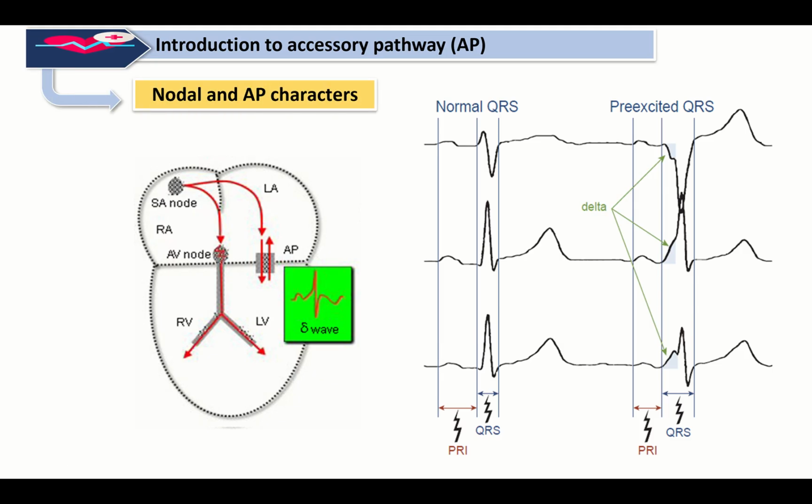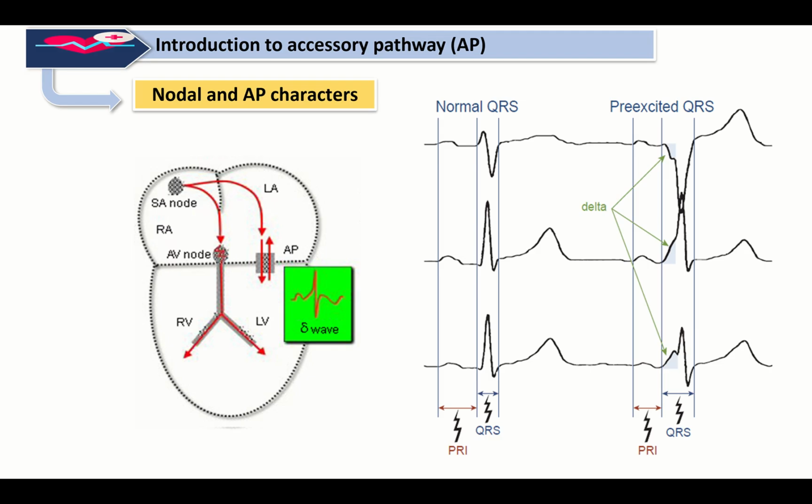As we know, there is nodal conduction and extranodal conduction between atrium and the ventricle. Nodal conduction is AV node. When the impulse comes from atrium, it goes through AV node, then His-Purkinje system, left bundle and right bundle.